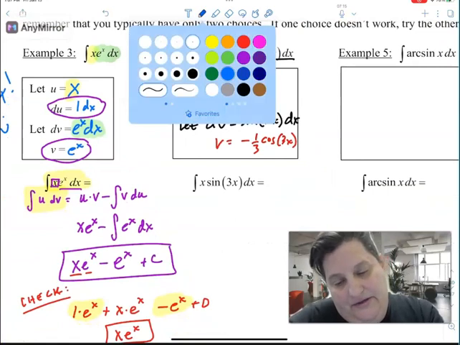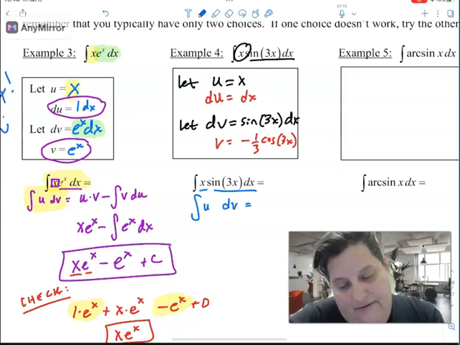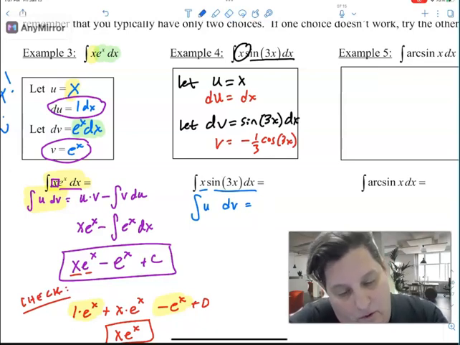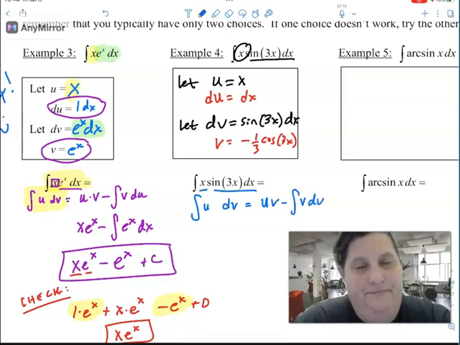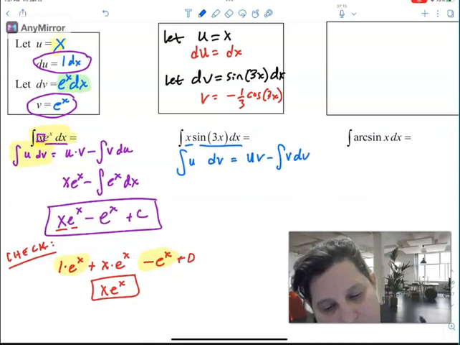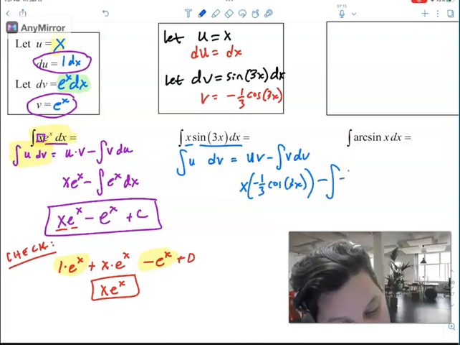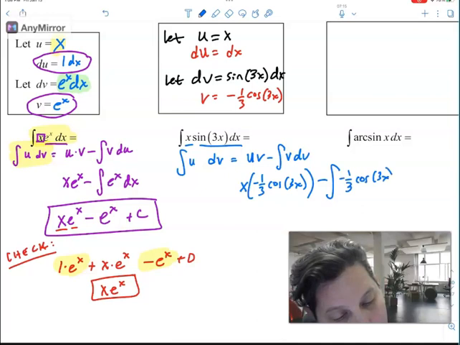If we start with ultraviolet voodoo, the integral of u dv equals u times v minus the integral of v du.